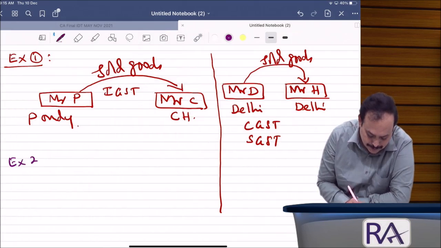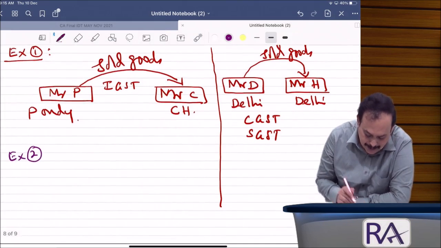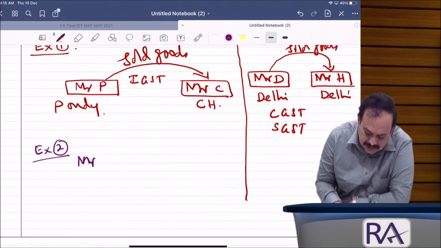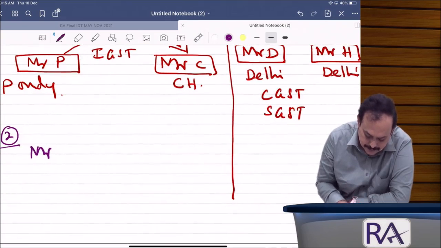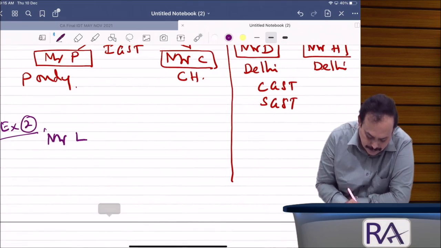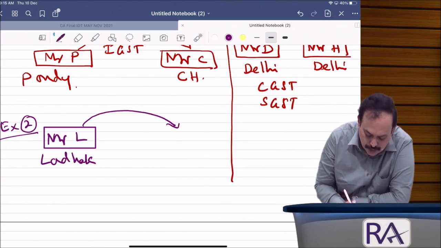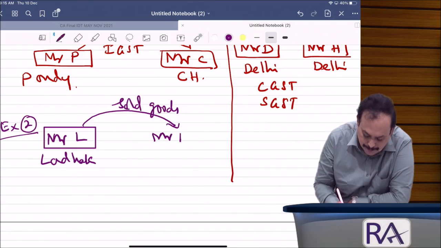Now further, example 2, for your kind consideration. Example 2. Dear sir, here Mr. L of Ladakh sold goods to Mr. M of Mumbai.